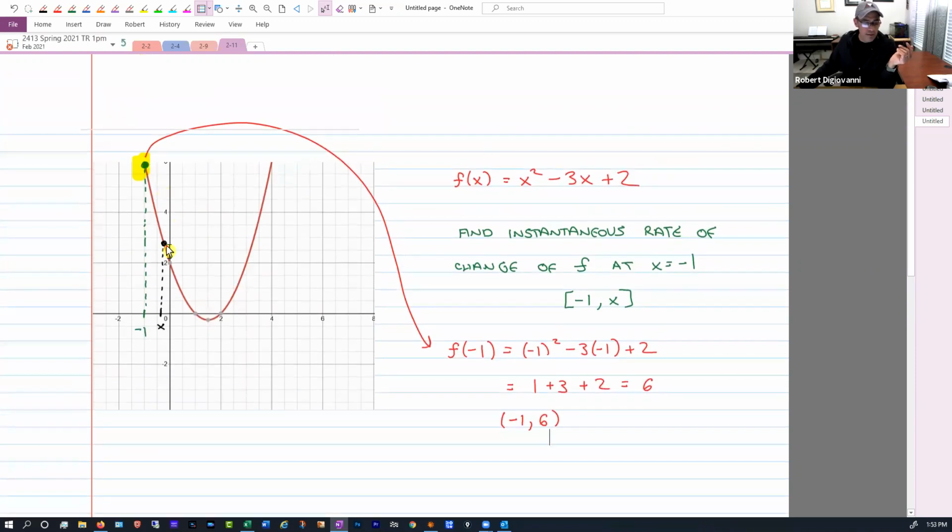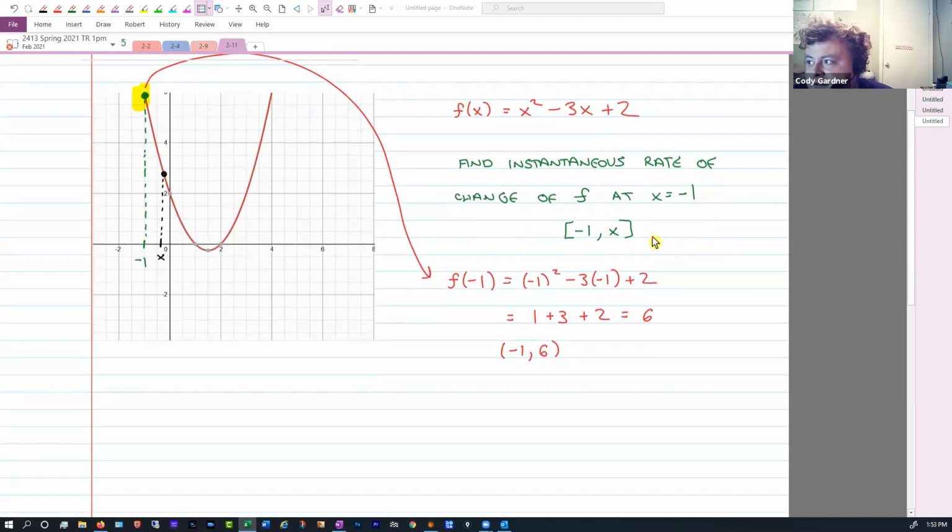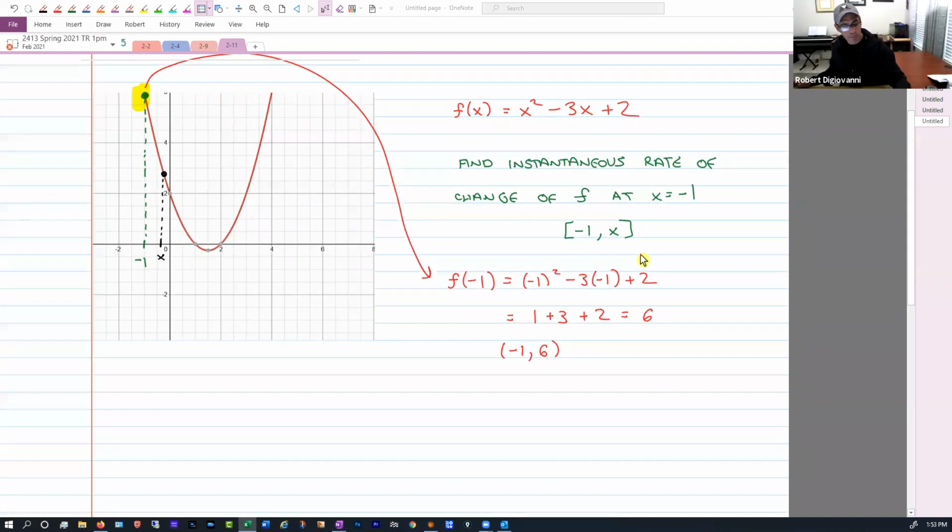Now we need this point. So what do you think, Cody? Sorry, which point do we need again? Now I need the point, this one here. I need to know what that one is as an ordered pair.